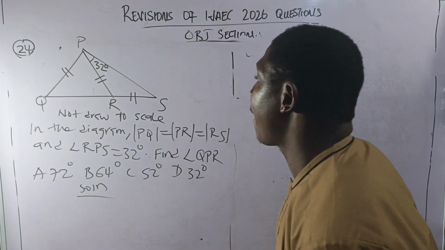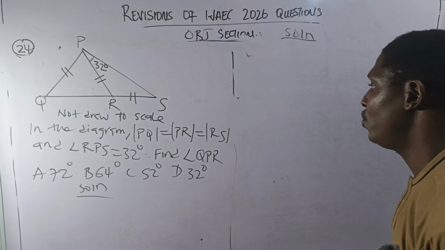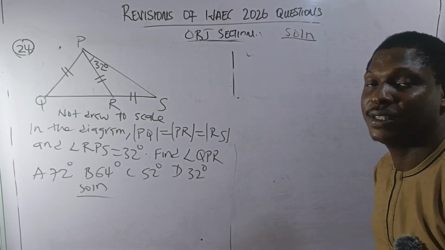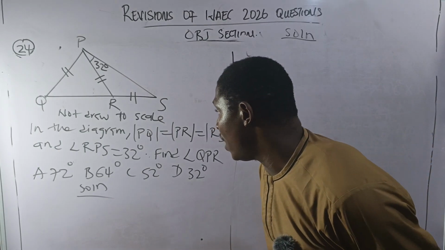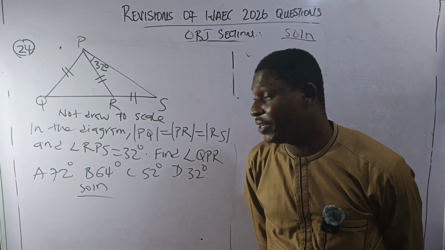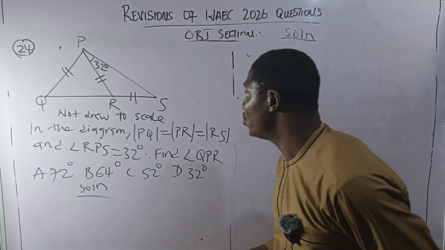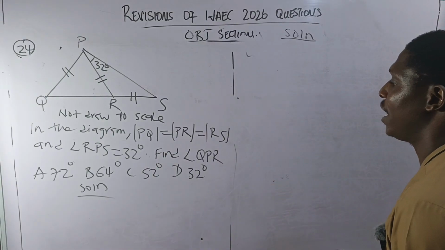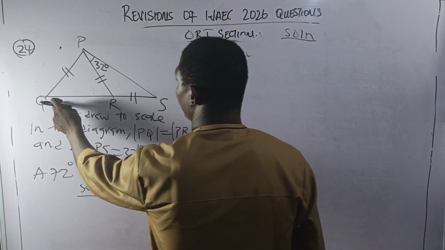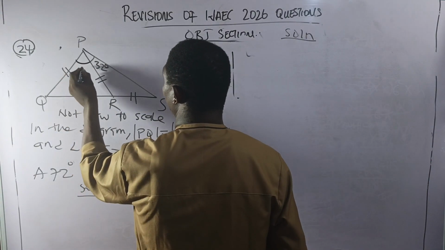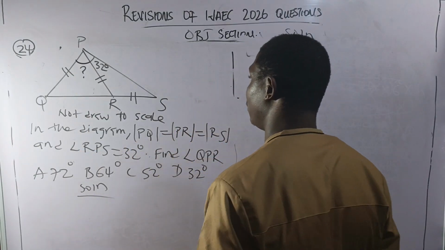Question 24. In the diagram, PQ equals PR, and RQ equals RS, and angle RQP is 32 degrees. Find angle QPR. These are the options. So we are looking for this angle as our question.